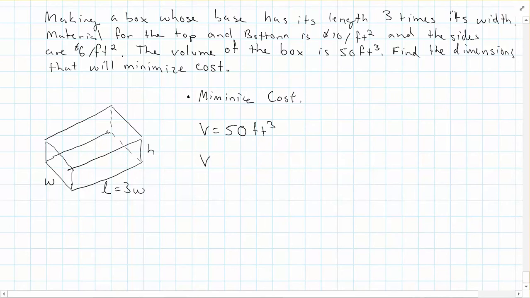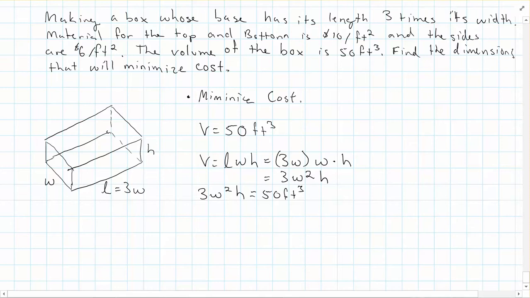And of course we know that volume is simply length times width times height, which is going to be 3W, because that's what the length is, times W times my height. So this is 3W squared times H. So I have that 3W squared times H is equal to 50 feet cubed. Well, actually, I don't have to write the feet cubed at this point, but that's fine.